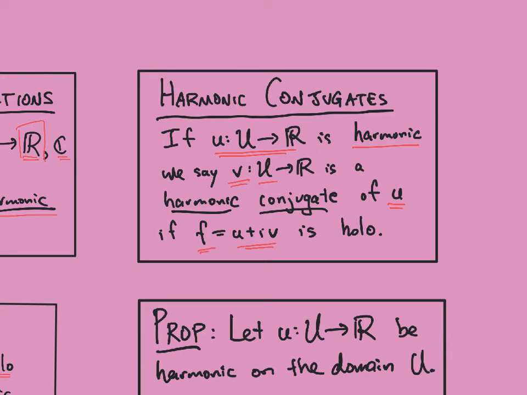So f equals u plus iv is holomorphic, and we're trying to represent u as the real part of a holomorphic function. You can see from our previous slides on the geometric interpretation of the Cauchy-Riemann equations that u and v with this relationship have special geometric properties, so their level sets will be orthogonal and so forth.